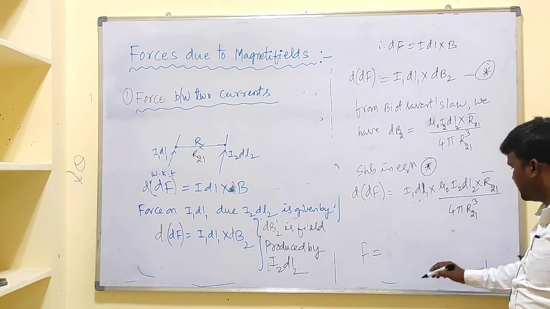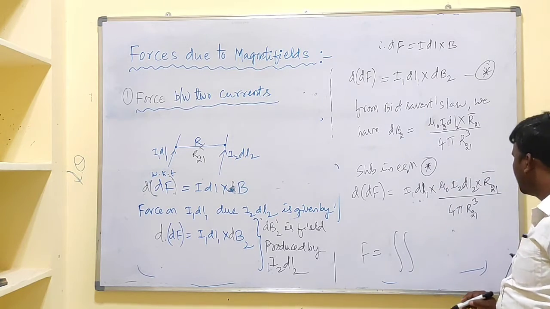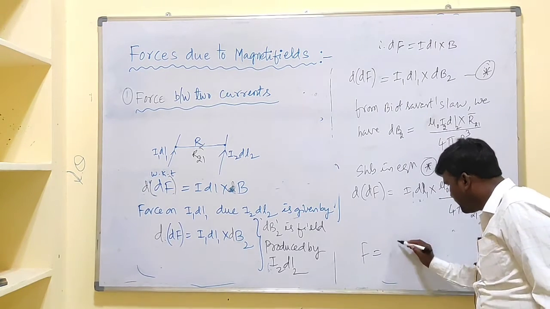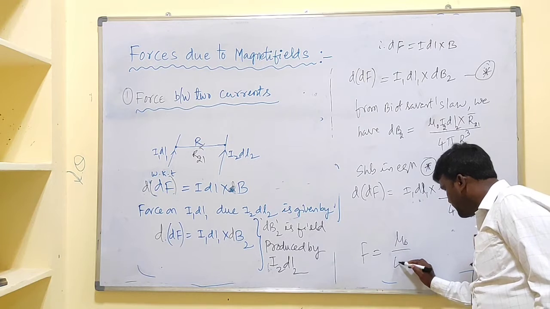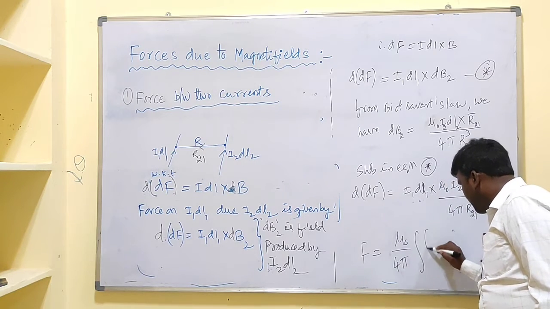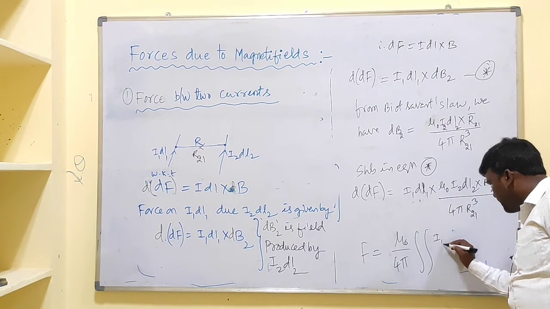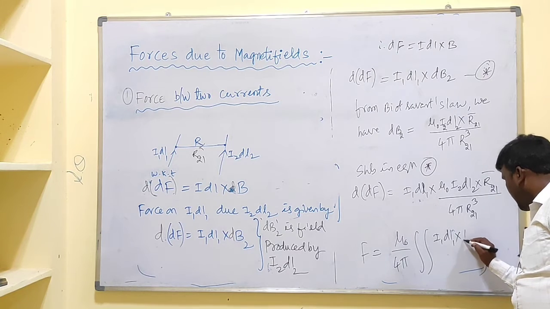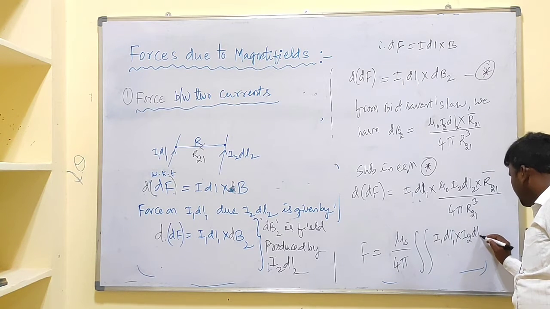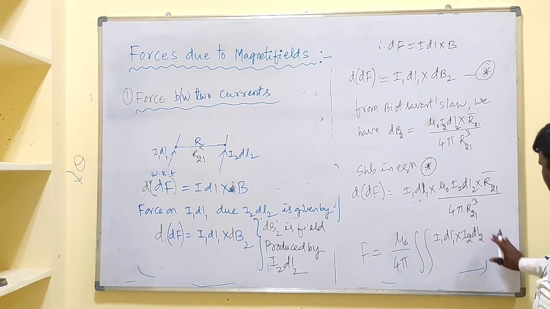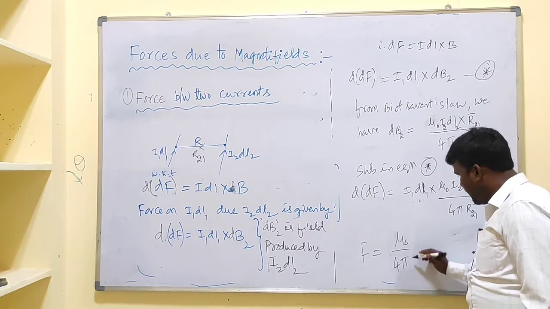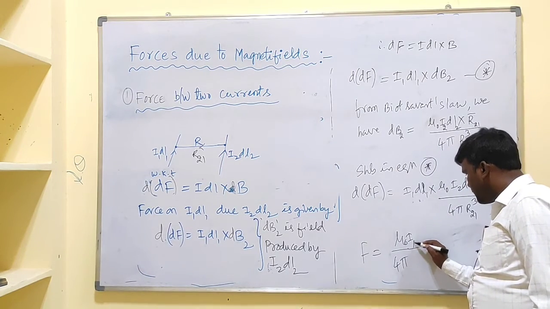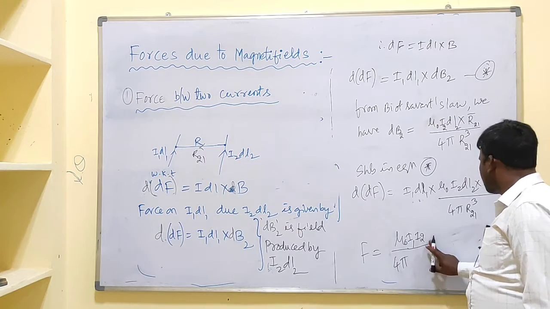A double integral. Mu naught is constant, 4 pi is also constant. I1 is the uniform current through the first current element, I2 is also constant.